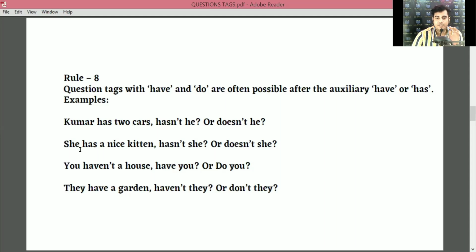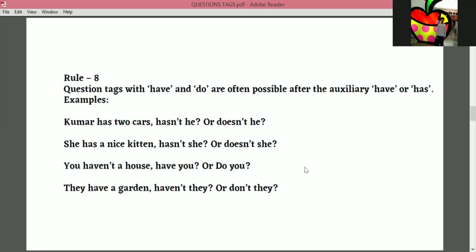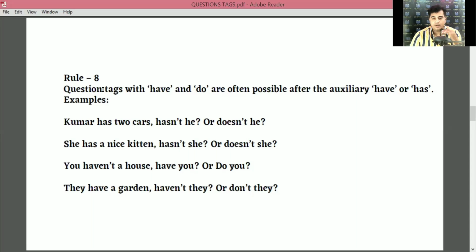Doesn't he? She has a nice kitten, hasn't she? Or doesn't she? Miss, doesn't she carry the kitten? You haven't a house, have you? Or do you have? But we don't say have, we only say do you. They have a garden, haven't they? Or don't they? You just read everything, all the rules, and you can understand.